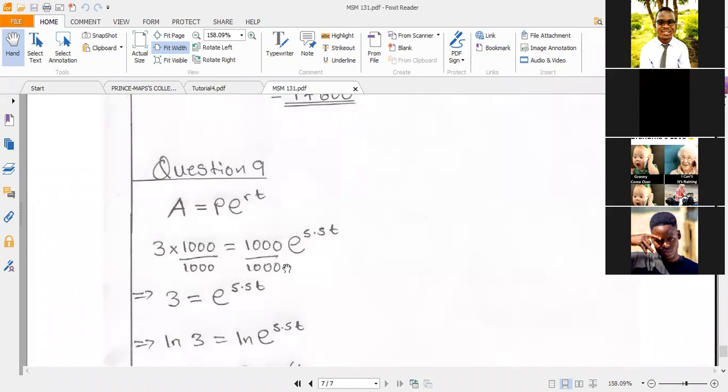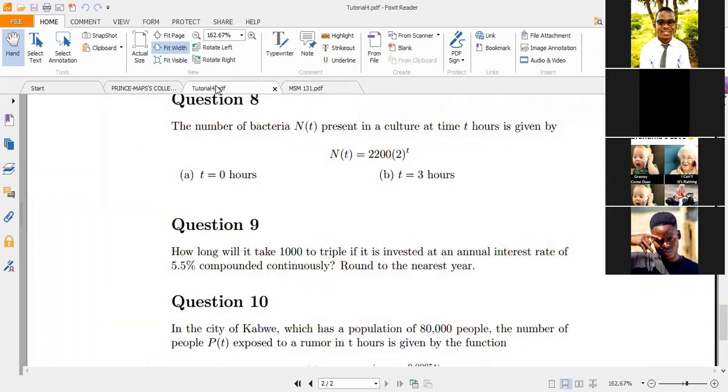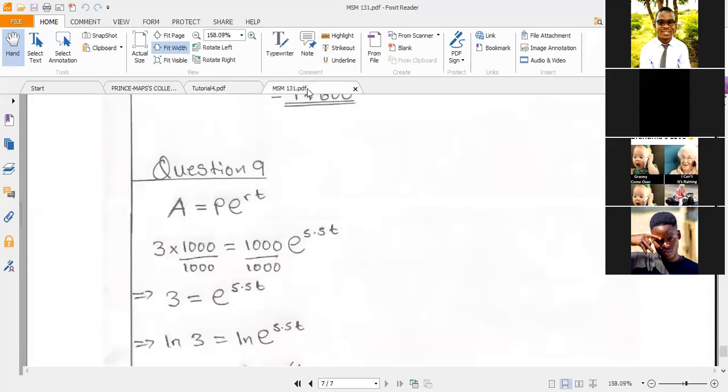Okay, let's proceed. If you check the question, how long will it take to get 1,000 to triple? So we multiply the 1,000 by 3 for it to triple. And then it's raised to the power rt, because r is 5.5, the rate, and t. So it will be 1,000 e to the power 5.5t.